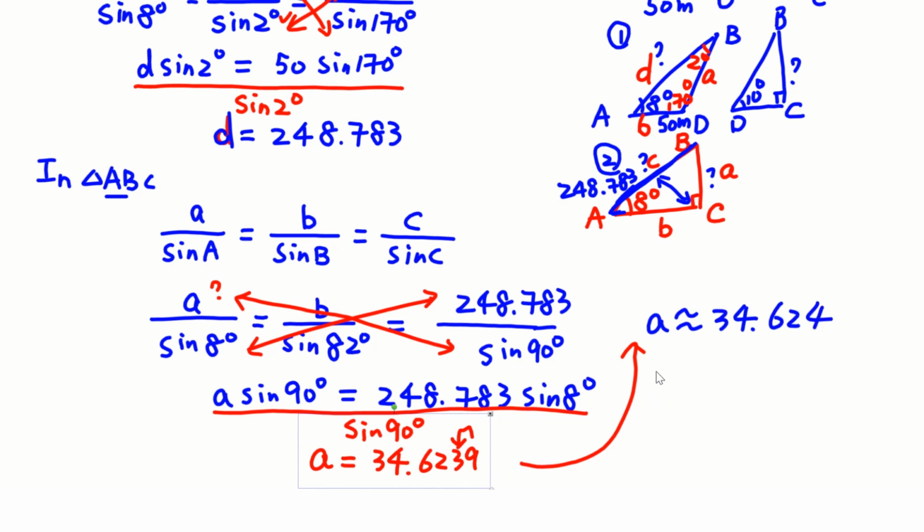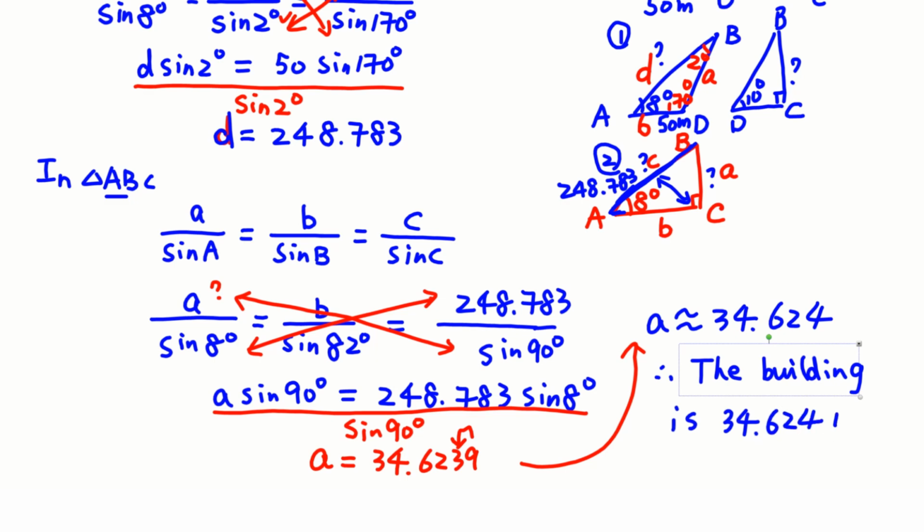Then we write the statement: therefore the building is 34.624 meters high. And because the given information has no decimal places, you could also just write it as 35 meters high if we round it to a whole number, 35 meters high.